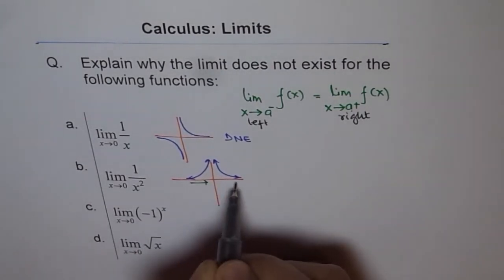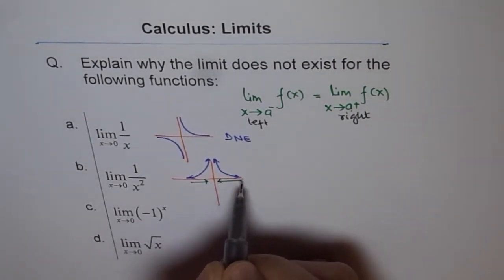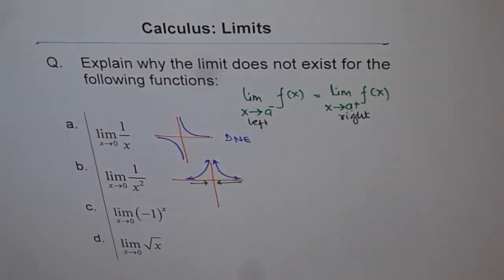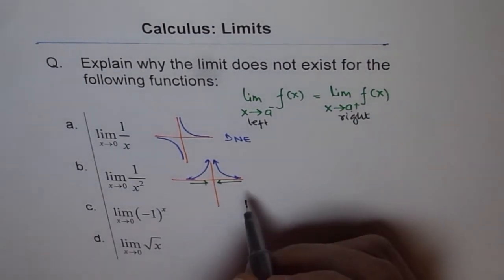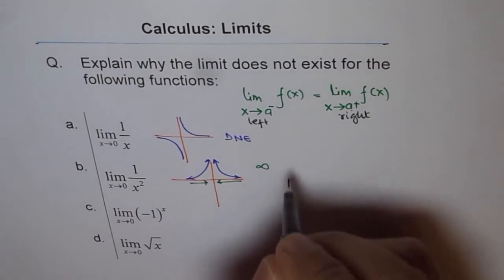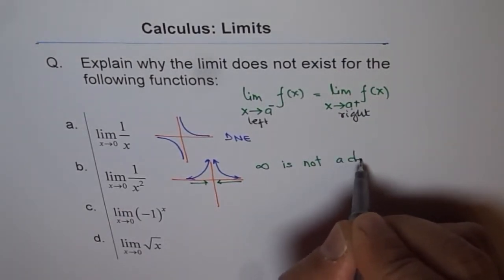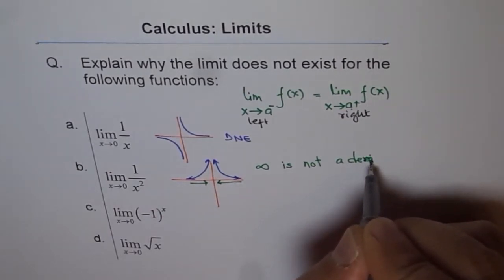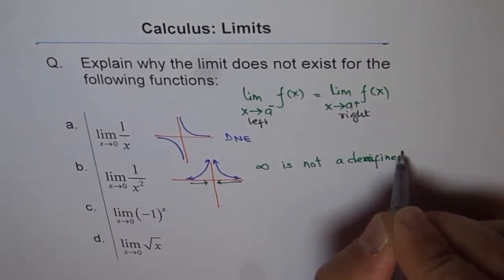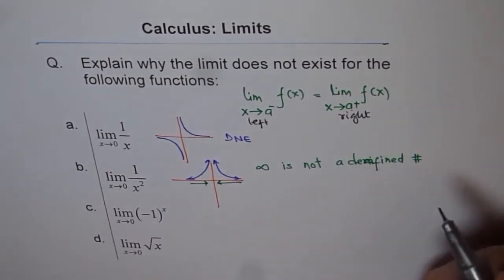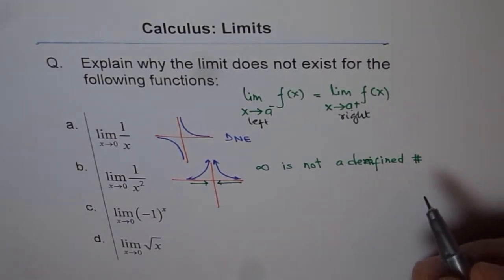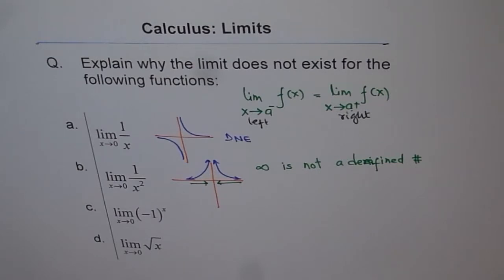When you approach from the right side, you're again approaching positive infinity. But infinity is not a defined number. Do you understand? Infinity is not defined. It's not a real number. And therefore, the limit does not exist.